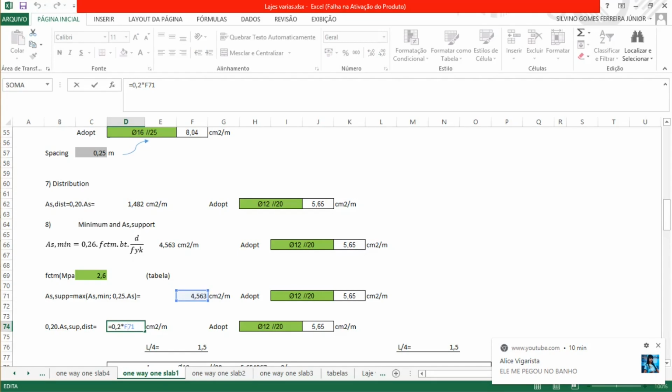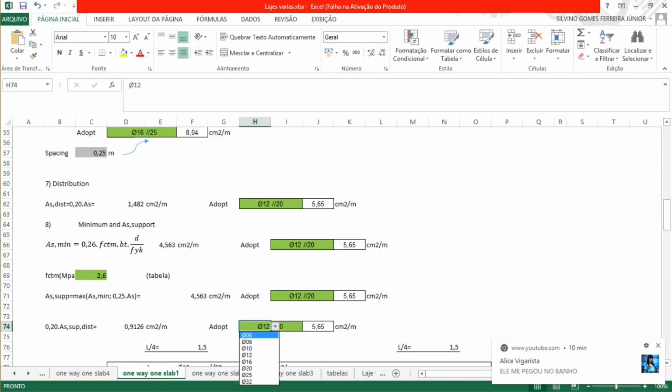It's 0.2 multiplied by 4.56. It gives very small, and as you can see, we could even put rebars of 6. If we maintain the spacing by 20 centimeters, it still gives us a lot.